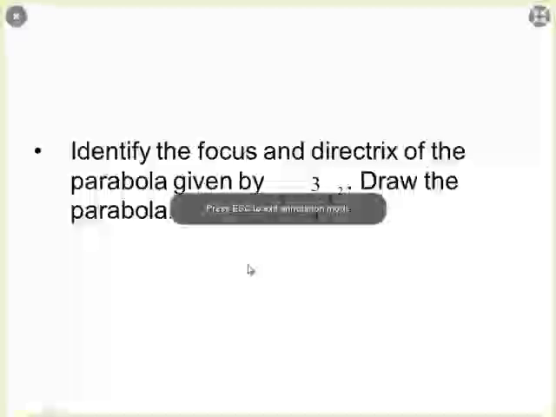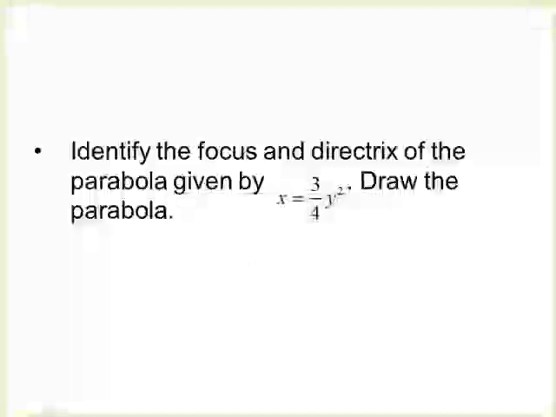All right, so this one asks us the same question. What do I need to do first? Get the squared alone. So how do I do that? Multiply by 4/3. So then we look at our chart. This is a y squared one again. So just like last time, this is going to be a horizontal graph.